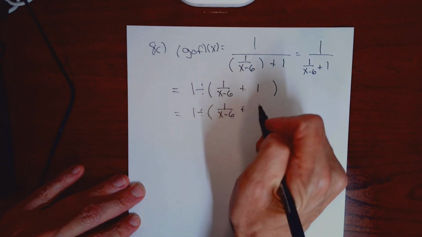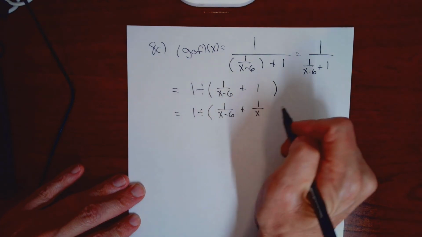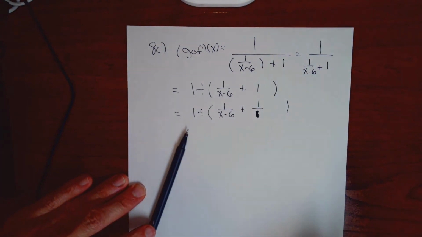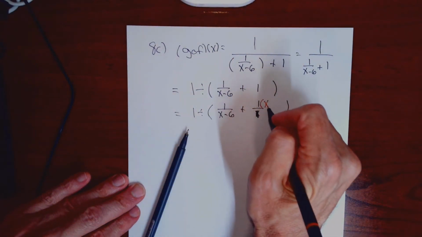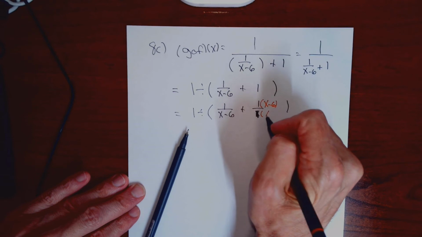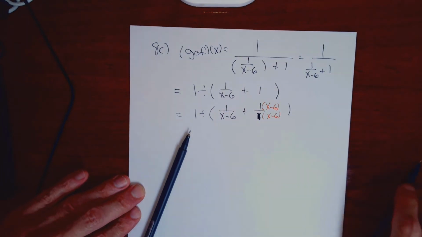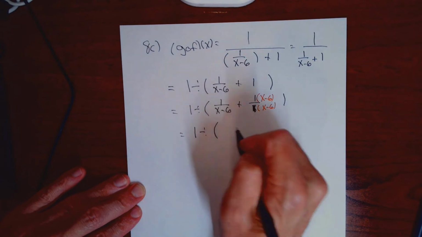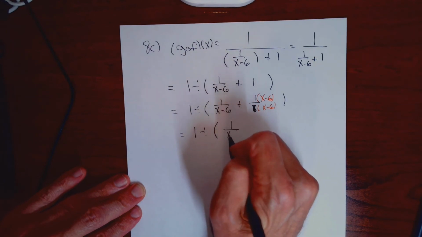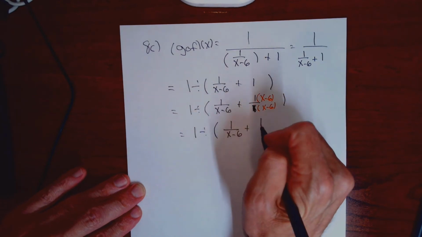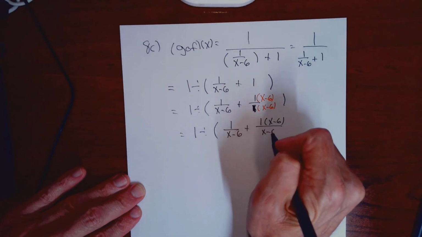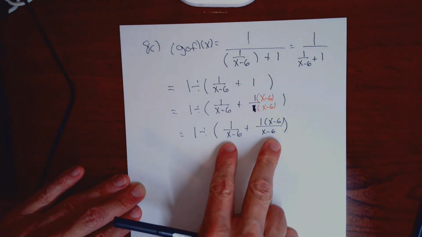I'm going to make the 1 into a fraction by writing it as 1 over 1, and multiply it by x minus 6 over x minus 6. This is going to give me 1 divided by 1 over x minus 6 plus 1 times x minus 6 over x minus 6.